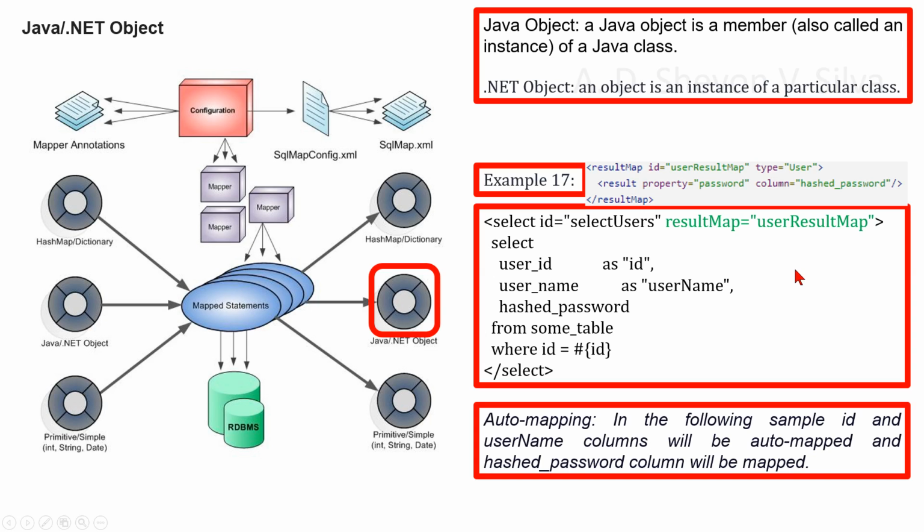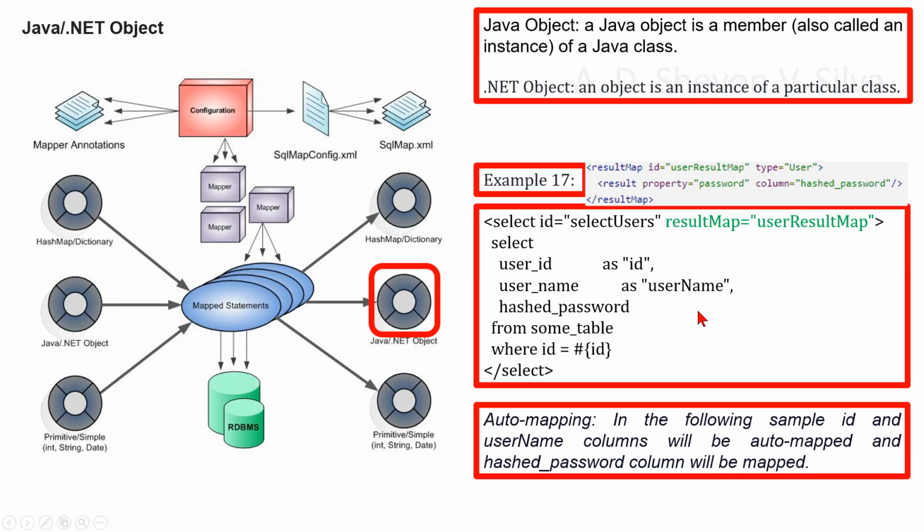When auto mapping results, MyBatis will get the column name and look for a property with the same name, ignoring case. That means that if a column named ID and a property named id are found, MyBatis will set the id property with the ID column value. Usually database columns are named using uppercase letters and underscores between words, and property names often follow camel case naming.